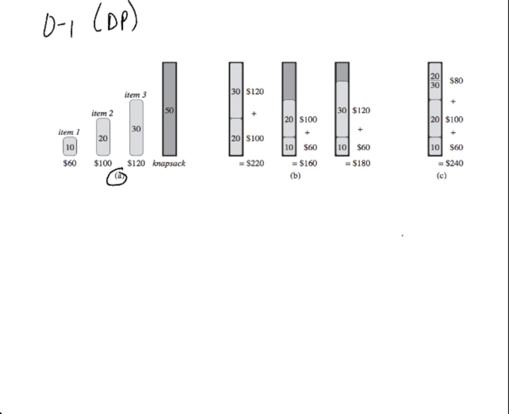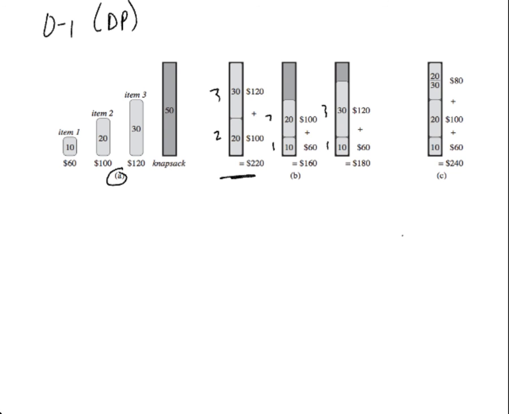So what are our options for the 0-1 problem? We have 3 options here in B. We can put in the 20 weight item, item 2, and then item 3. We could put in item 1, then item 2. We could put in item 1, then item 3.